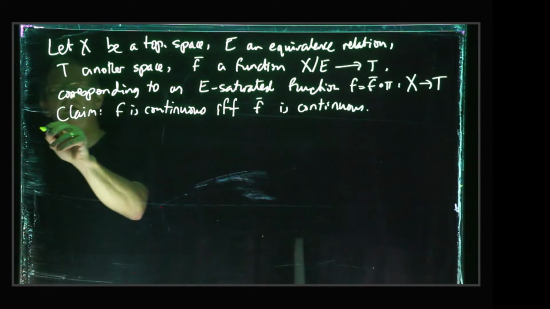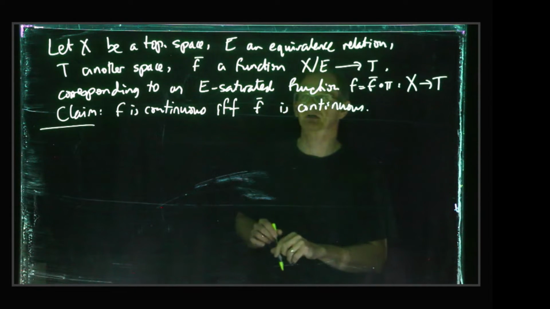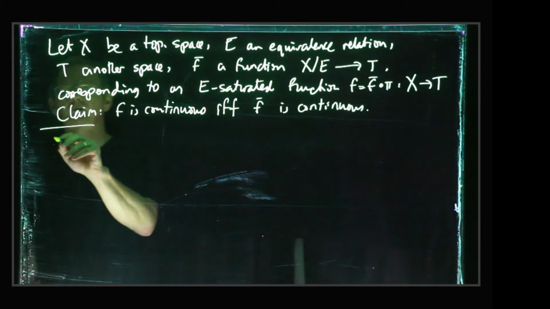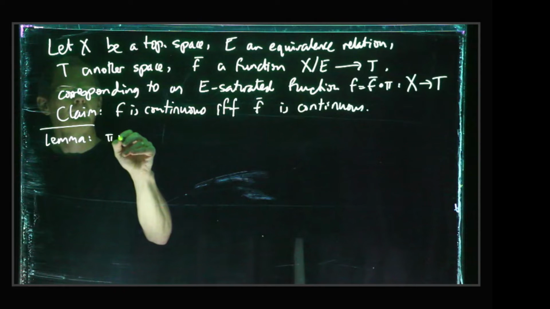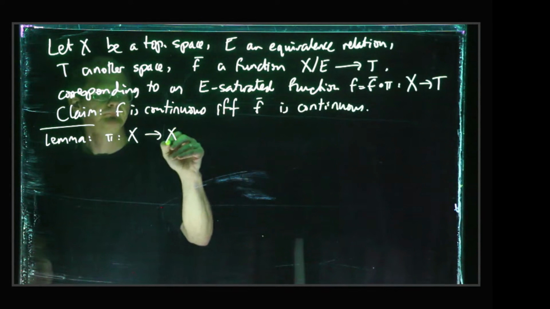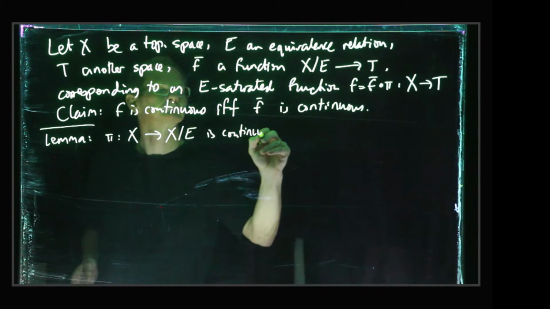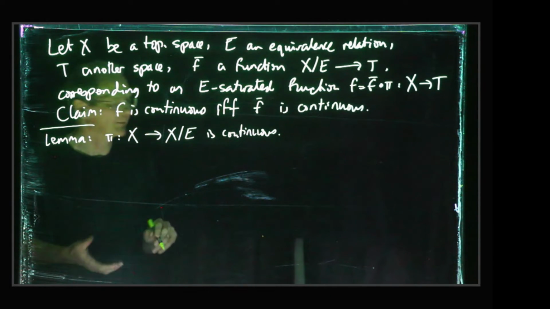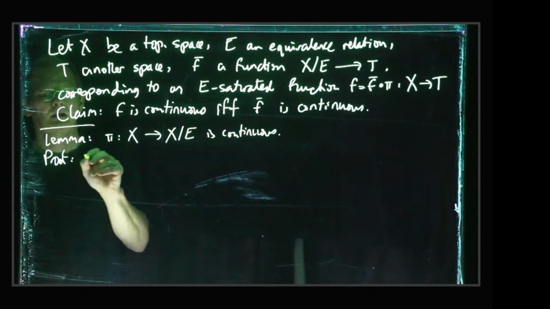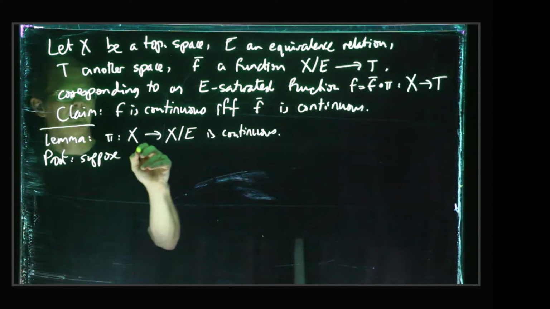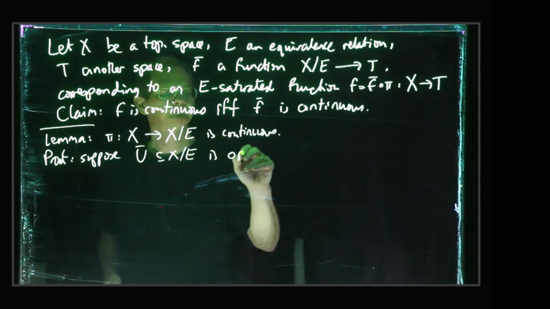Oh, and the proof actually follows a little lemma which you need to state separately. Okay, so let's just do that as a lemma: pi from X to X mod E is continuous. And this isn't really even a lemma; it's just an observation. In the proof, suppose U bar in X mod E is open.